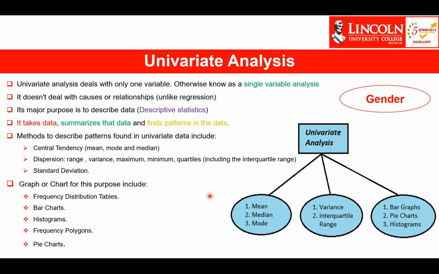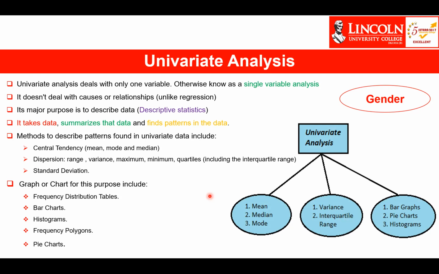Univariate analysis deals with only one variable, and it's also known as single variable analysis. It doesn't deal with causes or relationships, unlike regression. Its major purpose is to describe data. So you take data, summarize that data, and find patterns in the data.